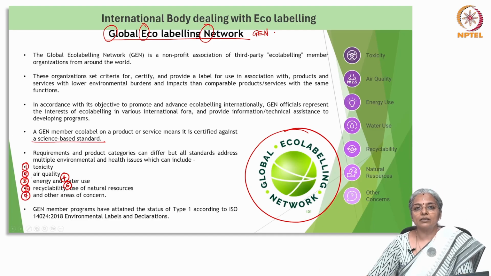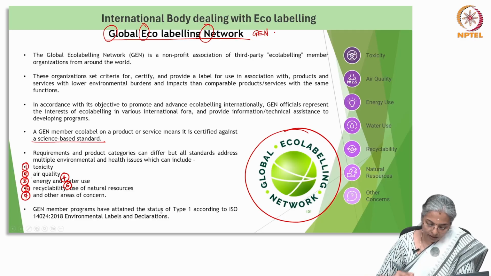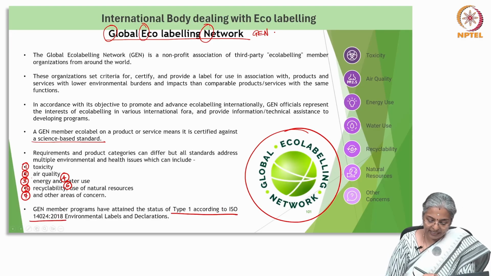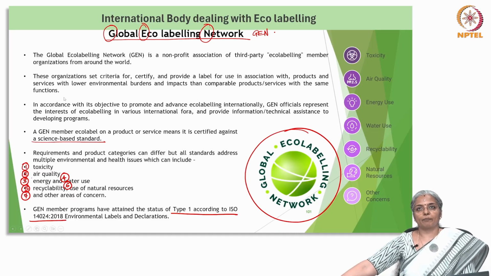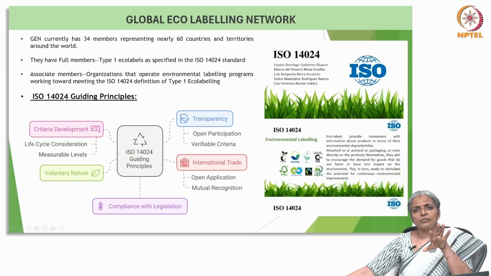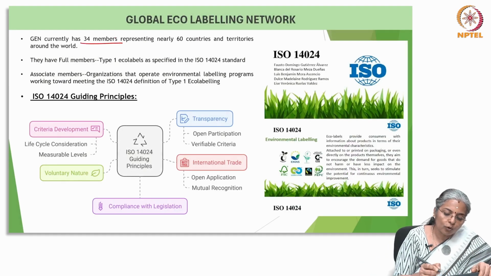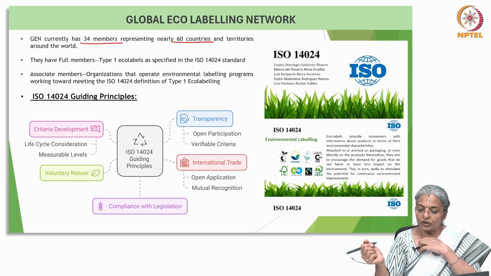So, what happens is the GEN member programs have attained the status of type 1 according to ISO 14024:2018 Environmental Labels and Declarations. Now, currently GEN has 34 members representing nearly 60 countries and areas around the world.